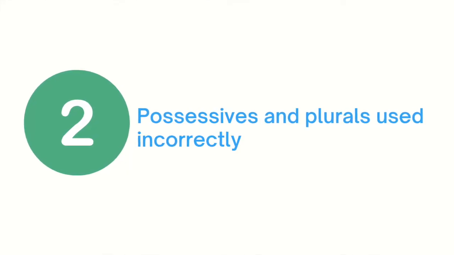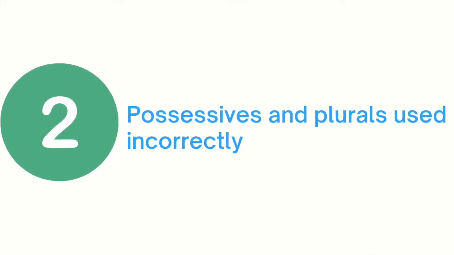And that leads me to mistake number 2, which is confusion between possessives and plurals. Possessives are formed by using apostrophe s, whereas plurals are formed by just adding an s. So please remember that if you add apostrophe s to a noun, you are defining something that belongs to the noun.